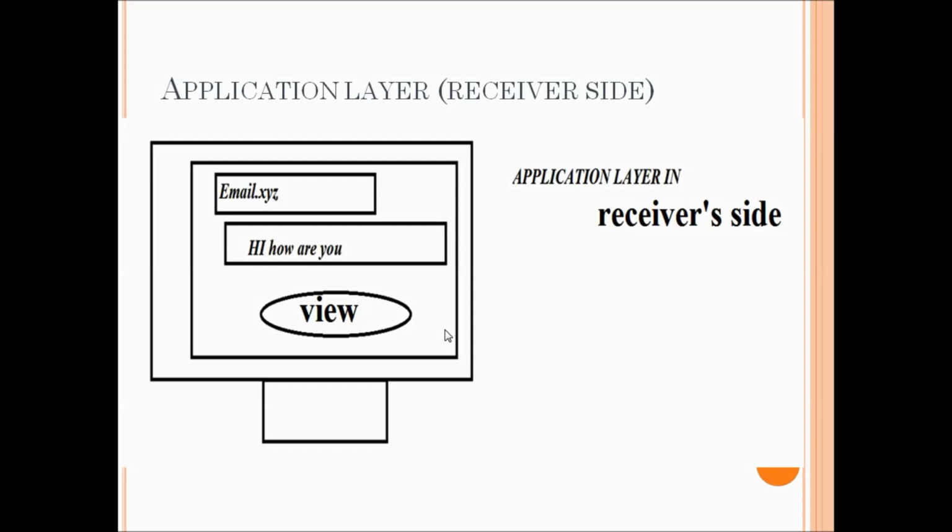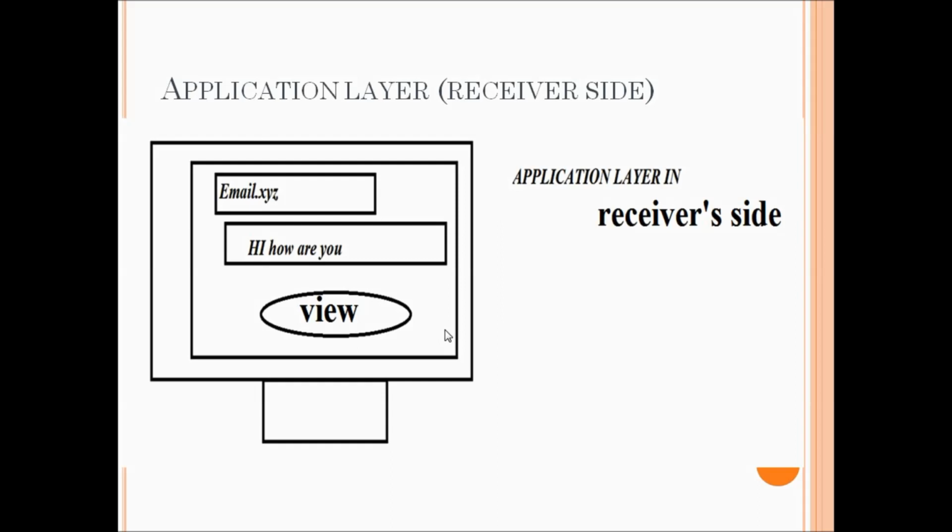In transport, it will be in the form of segments. In network, it will be in the form of packets. In data link, it will be in the form of frames. But in the physical layer, your information will be in the form of bits, because your information has to pass through a cable. That's why it is a machine readable thing, and that's why it has to be converted into bits.